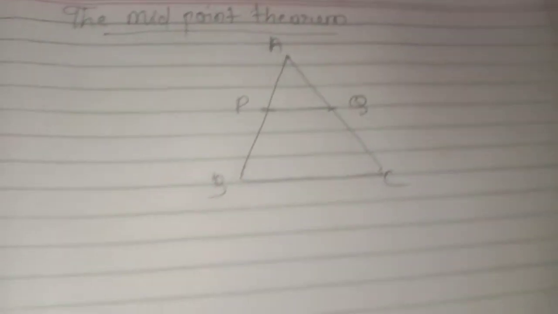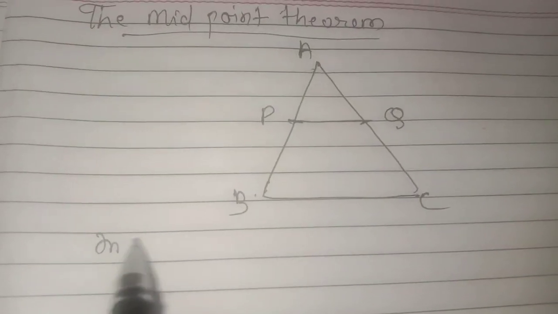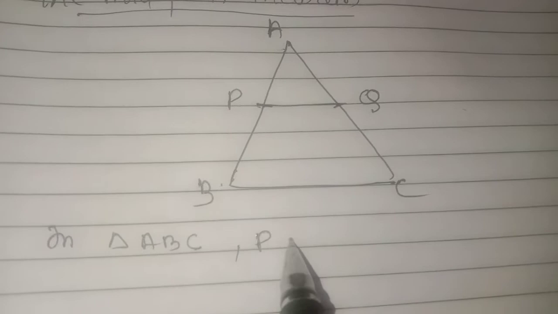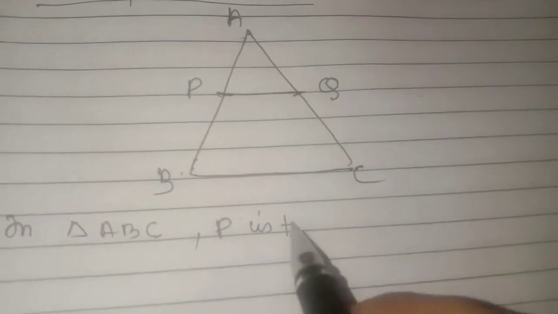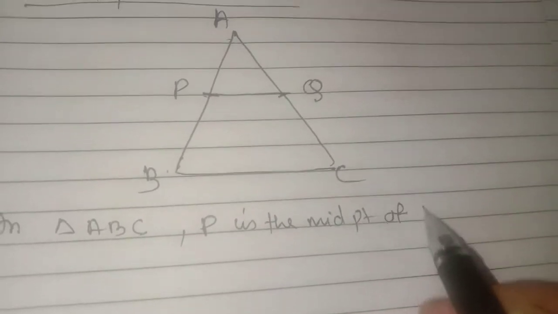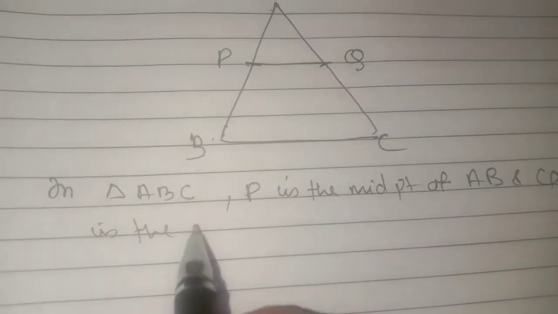Clear? So what is the theorem about? That is, in triangle ABC, P is the midpoint of AB and Q is the midpoint of AC.